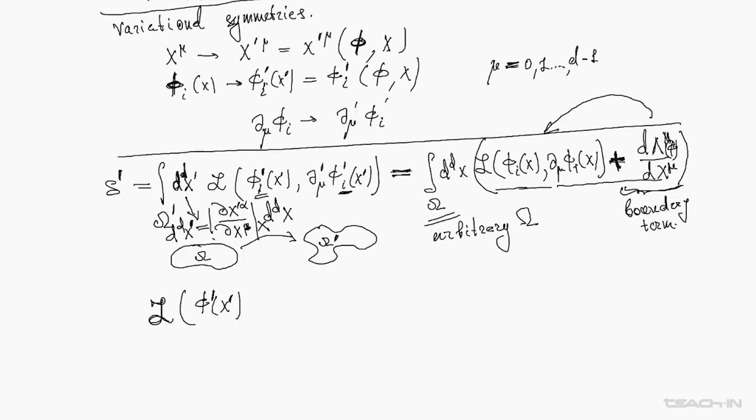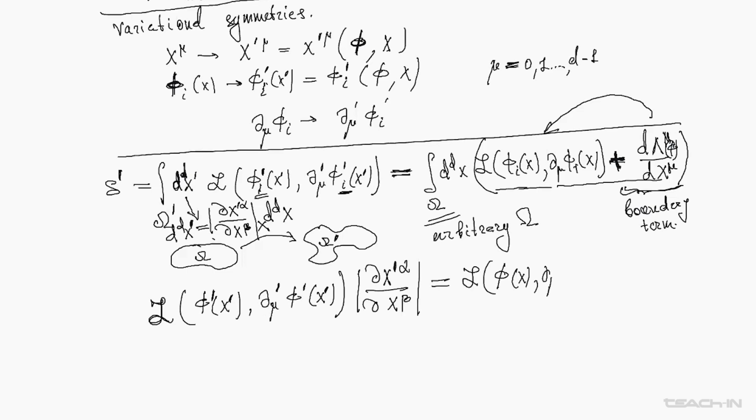So what you get is the condition that the Lagrangian density on the transformed fields multiplied by the Jacobian must be equal to L on phi on x, d mu phi, plus the total derivative d lambda mu over dx mu.